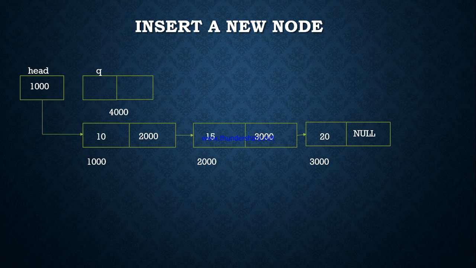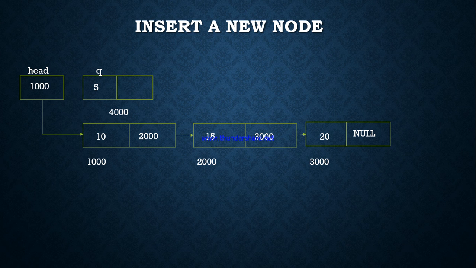In this linked list, anywhere the free memory is available, we can allocate. So suppose we get free memory at location 4000, and we have allocated it for the node. Now we will insert our element. Suppose 5 is our element, and we insert it in the data portion of the node.